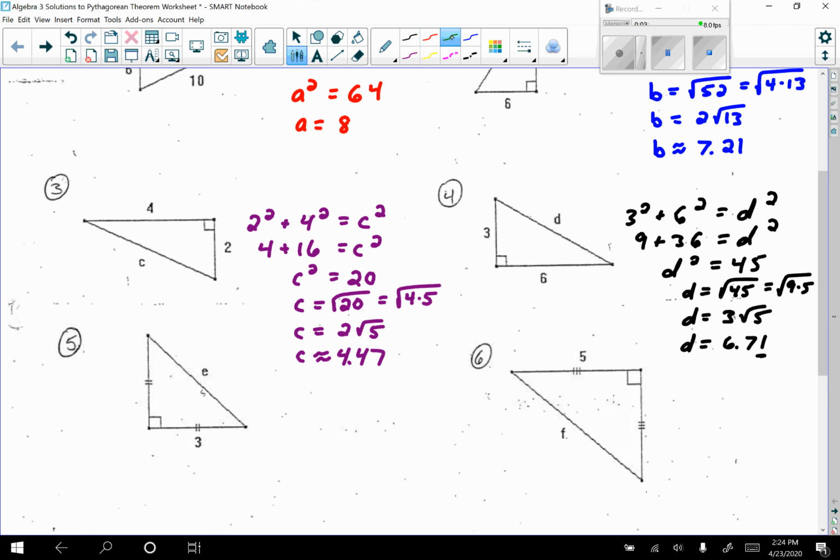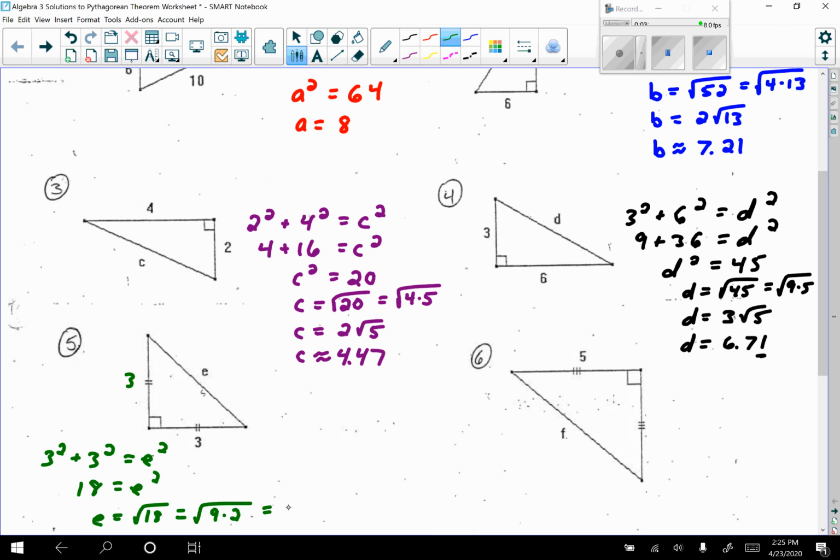All right, now number 5, these markings here mean the two legs are congruent, so this other leg is also 3. So we could say 3 squared plus 3 squared equals e squared. So we're going to get 9 plus 9, which is 18, equals e squared. So e is going to equal the square root of 18, which we can factor into 9 times 2.